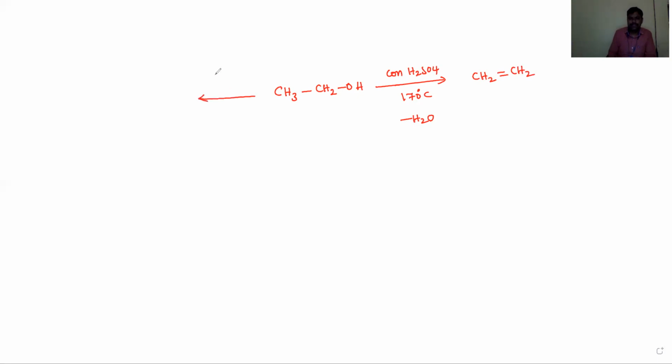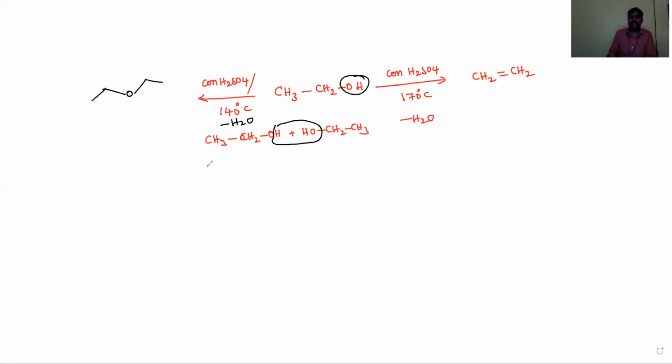Whereas if you use concentrated H2SO4 but maintain a lower temperature, 140 degrees centigrade, then internally 2 moles of alcohol eliminate a water molecule. Like if 1 mole is present, it means 0.5 moles and 0.5 moles, with loss of water, and here also loss of water only. But here a beta hydrogen and an alpha OH group are eliminated. Then the product is ether, diethyl ether is the product.